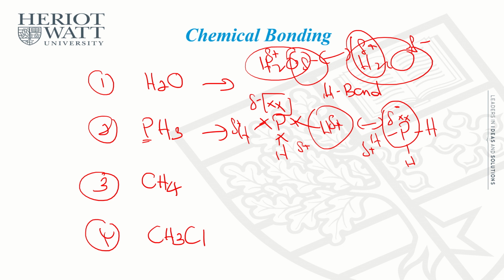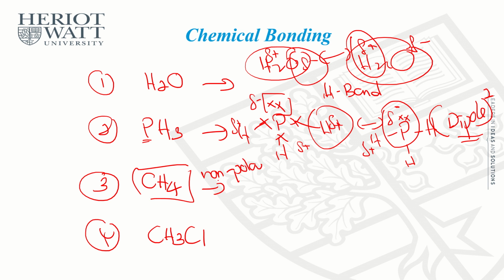That's the reason why for PH3, between molecules, they're forming dipole-dipole. They're still attracted to each other, but they don't call it hydrogen bond. They call it dipole-dipole. What about CH4? CH4 itself is non-polar, guys. Because the molecule is non-polar, so only London dispersion force. See that? And CH3Cl, what do you think?